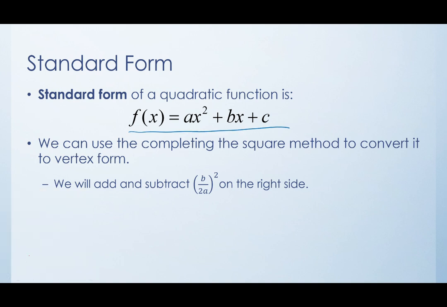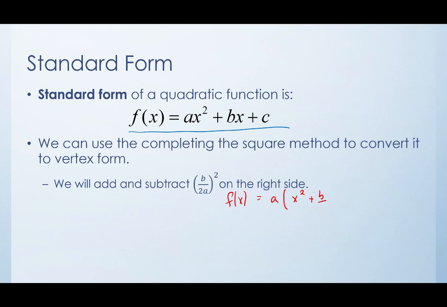So now, if you want to convert that to vertex form, you can complete the square. Shall I do it? Sure, why not? So we pull out a because we don't like to complete the square with something that's not a coefficient of 1.